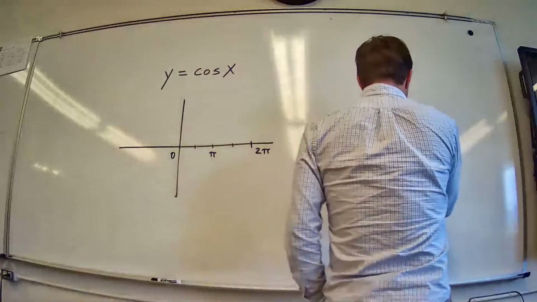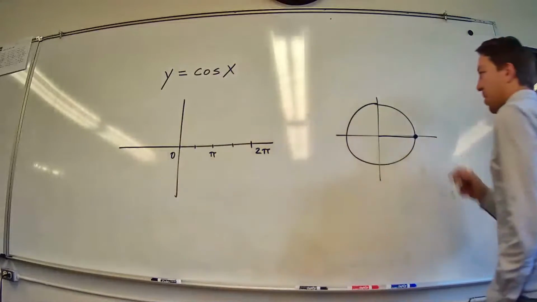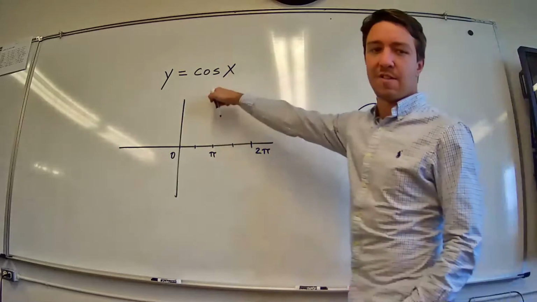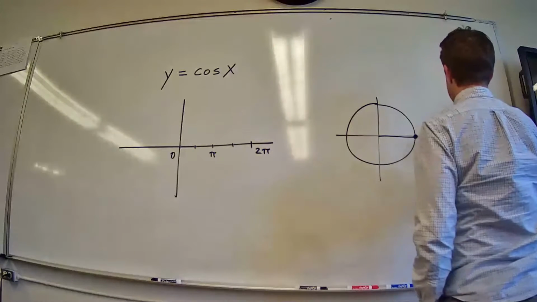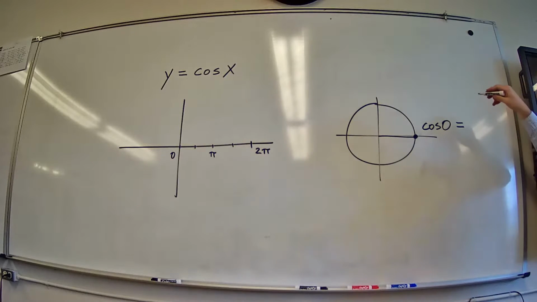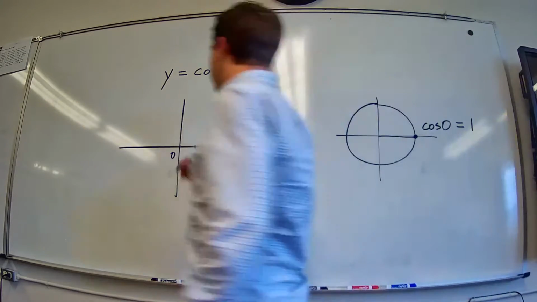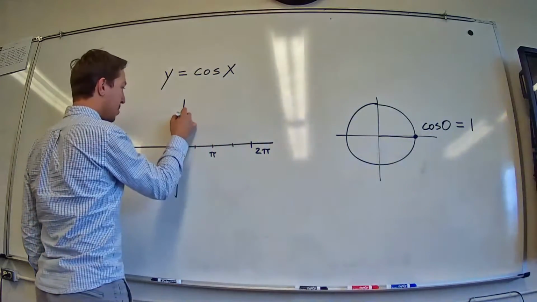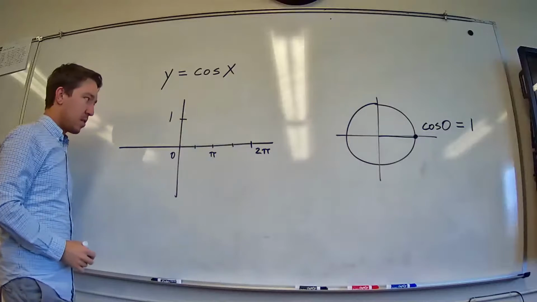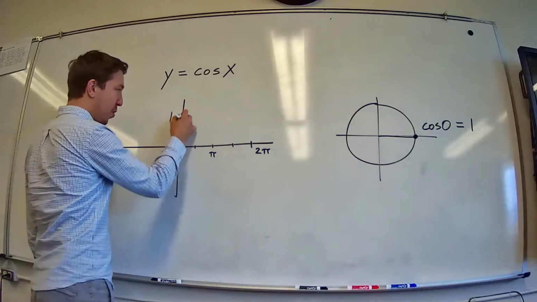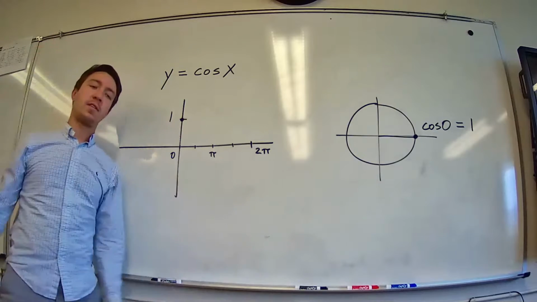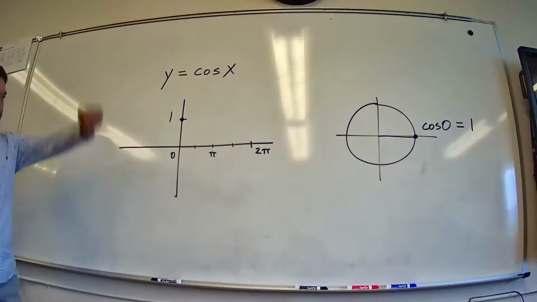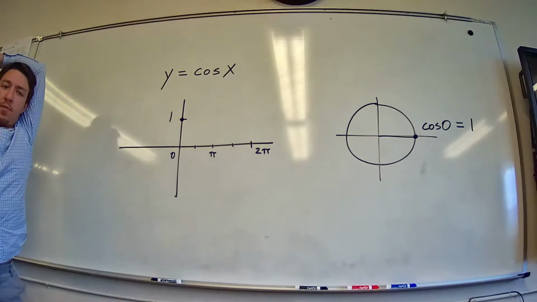But this first point that we start at, the statement that we're going to write to talk about this function would be the cosine of 0 equals, what's the cosine of 0? Cosine of 0 is 1. Okay. So the first point on the graph is up here. Well, first in quotation marks. That's the y-intercept, to be more precise.